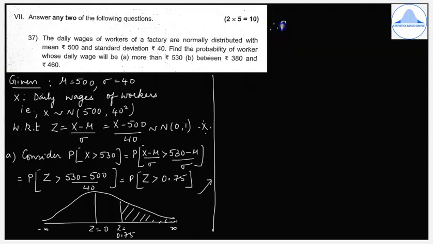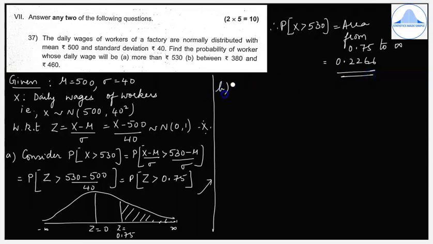So you will get probability of x greater than 530 is equal to area from 0.75 to infinity. In the tables, the probabilities or the areas are from any number to infinity. So if you look into the tables, you will get the probability as 0.2266.